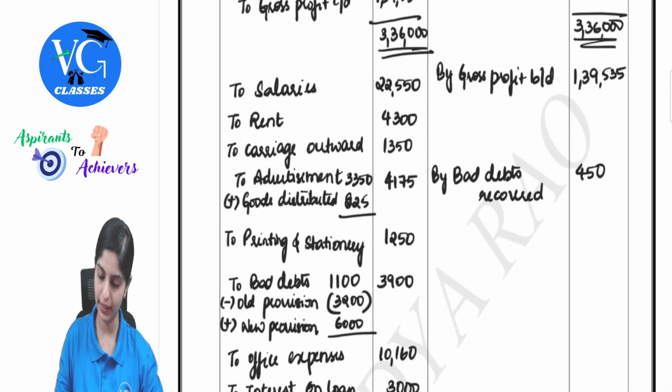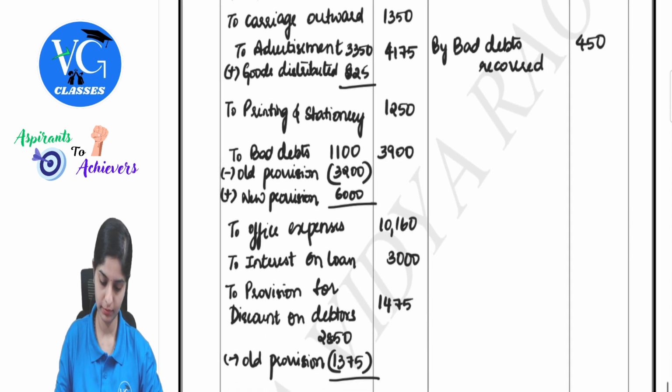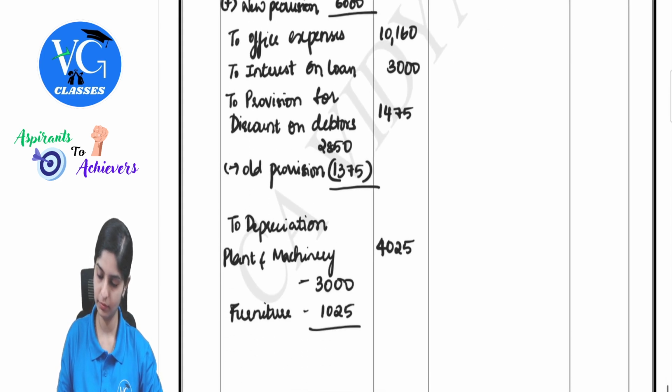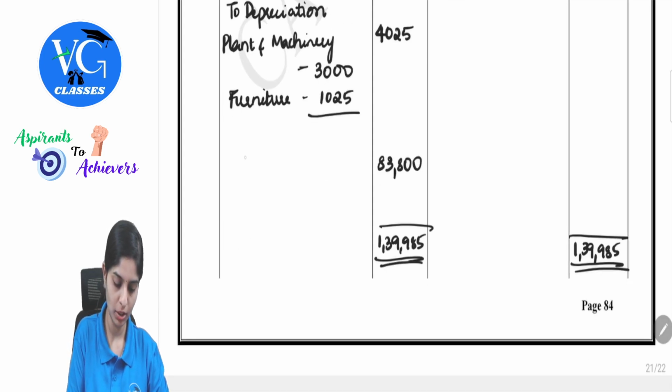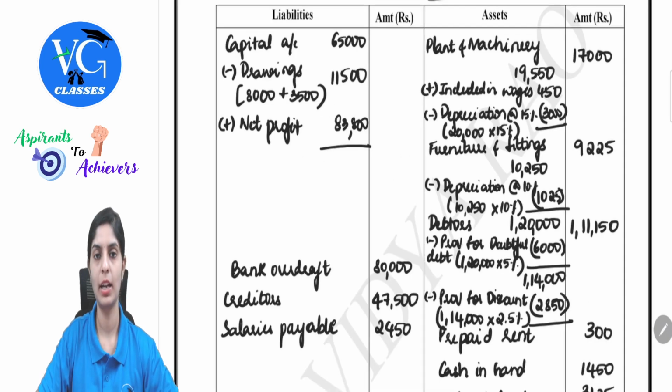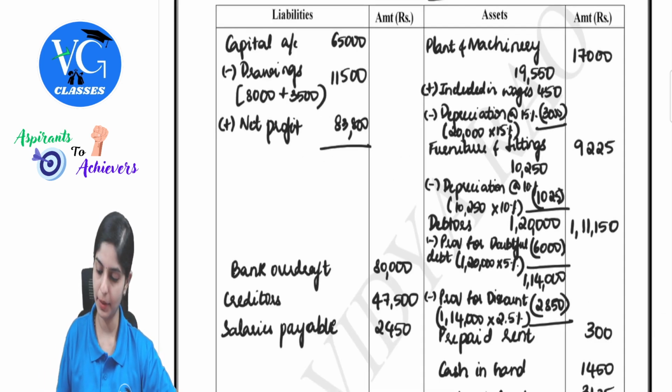Just a minute, I'm cross checking. This is 83,800. So this will be my net profit carried down. Net profit we will add to the capital balance of 65,000 minus 11,500 plus 83,800.